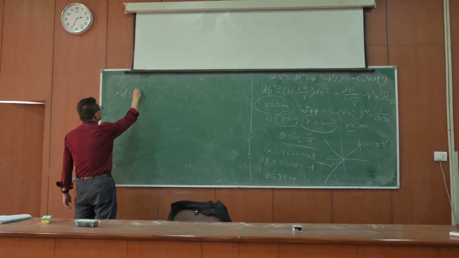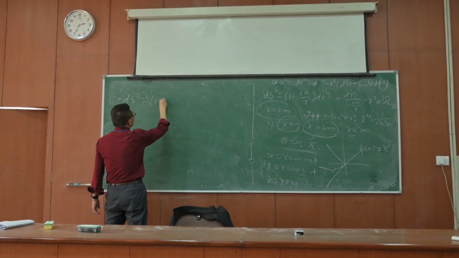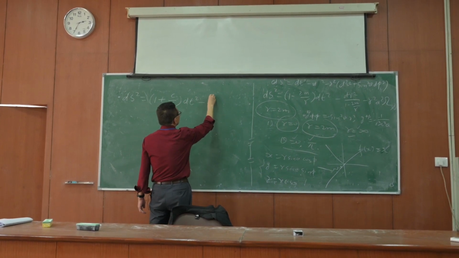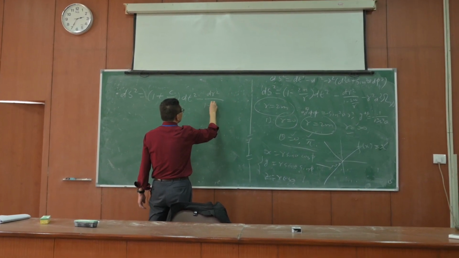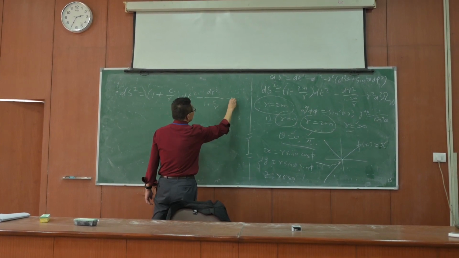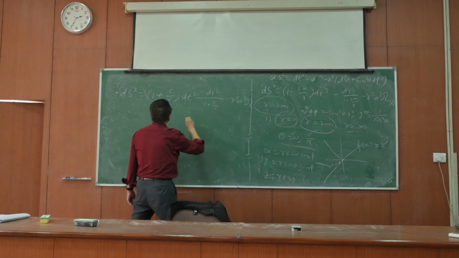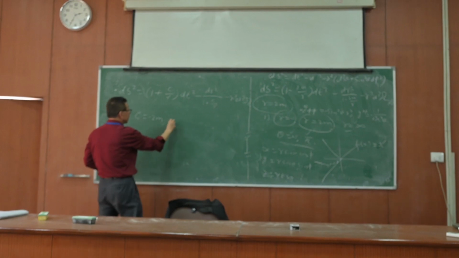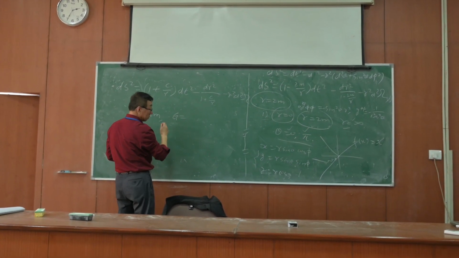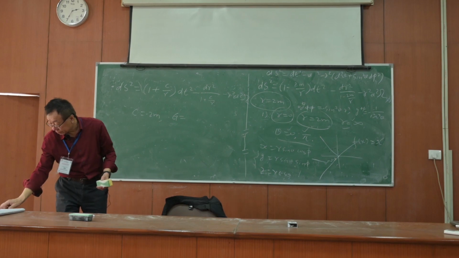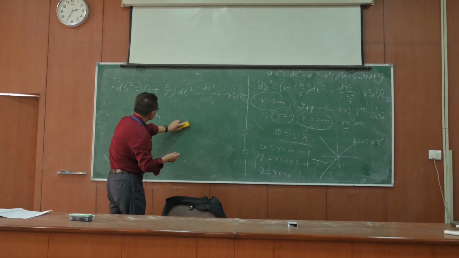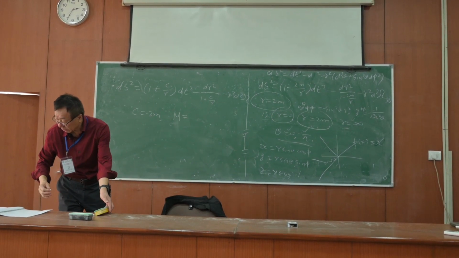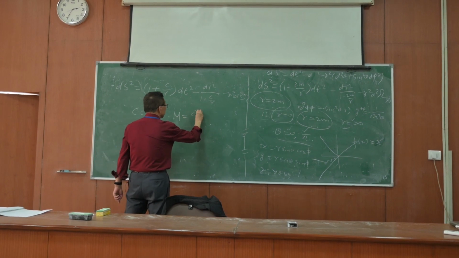When we do this action, it equals 1 plus c_r over r times dt squared minus 1 minus c_r over r times dr squared. So the question is, how do we know this constant equals 2m, where m equals G M over c squared?